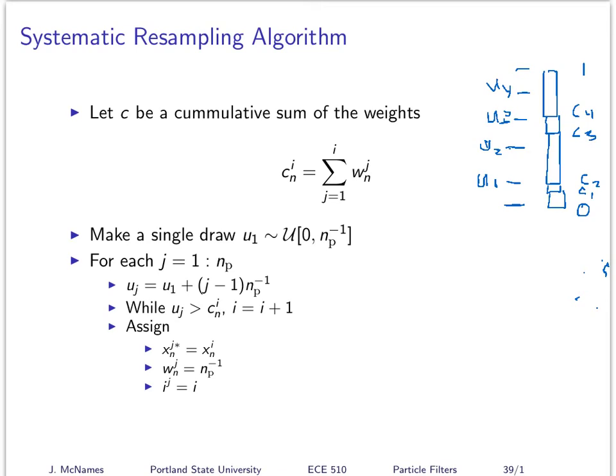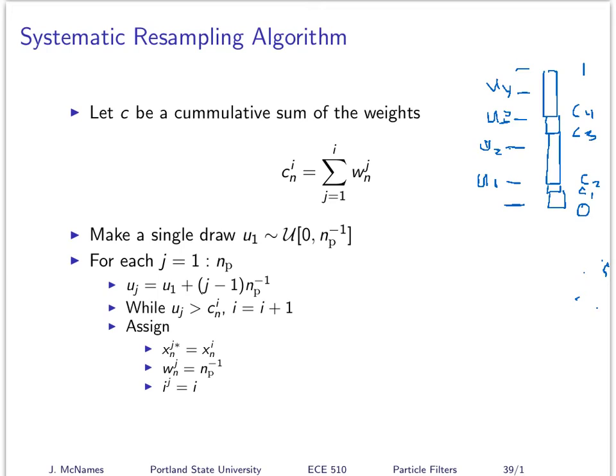Then while this is greater than our C, say if we start C0 here, then we increment the C. If U1 lands right here, cutting into this stack, we've got another counter over here, and it goes up and says, is this greater than U1, or it isn't? Then it goes to this one, is this one greater than U1, or it isn't? And then it goes to this one, and it is. So the first particle that it grabs is C3.